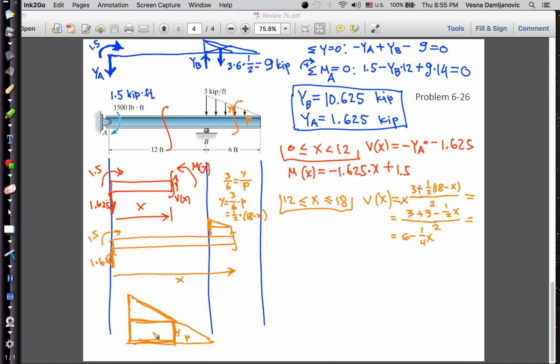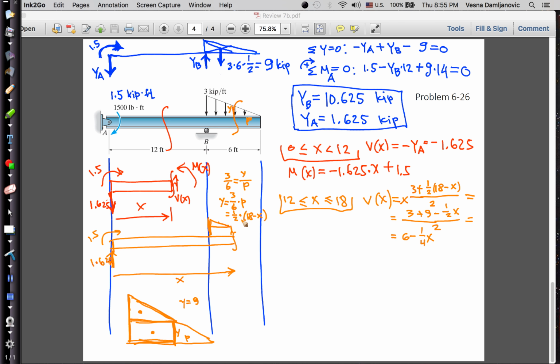So the rectangle will have a centroid right here, and the triangle, I'm not going to draw the lines that I usually require to draw because we know it's at 1/3 of the height, which is right here. Okay, and so let's find out. This is Y. Okay, Y is equal to 9.